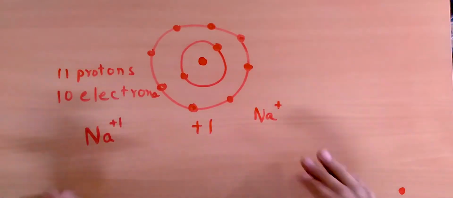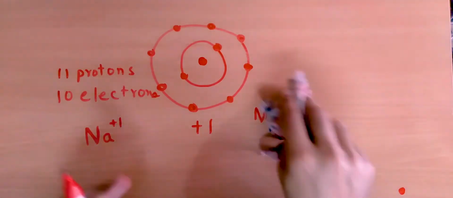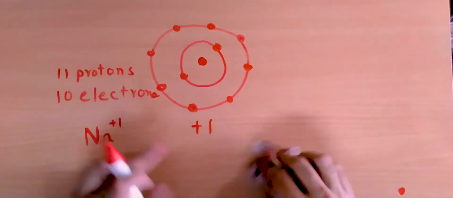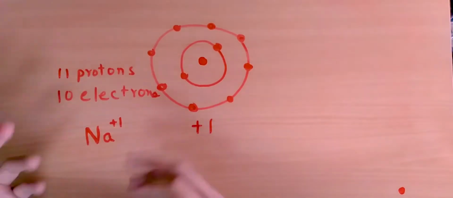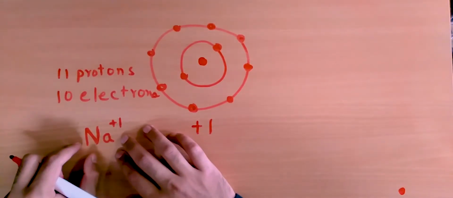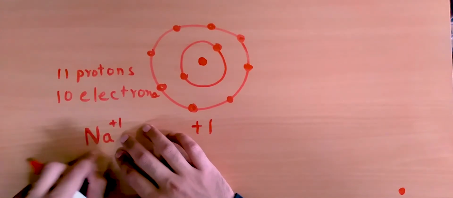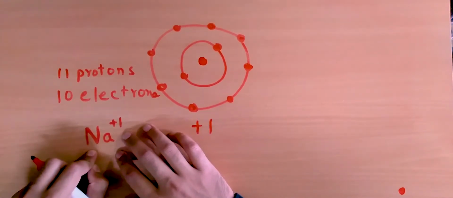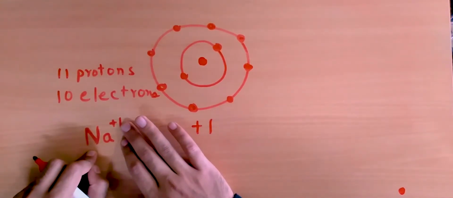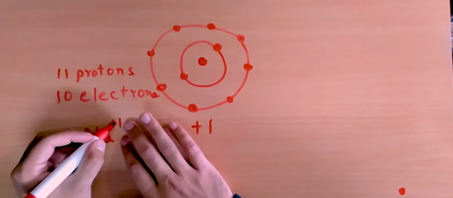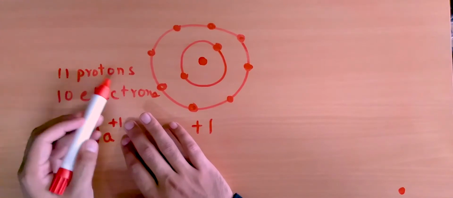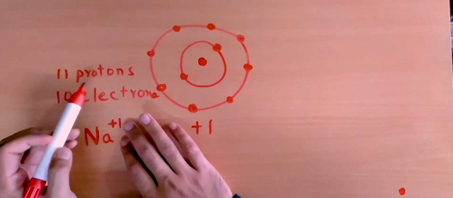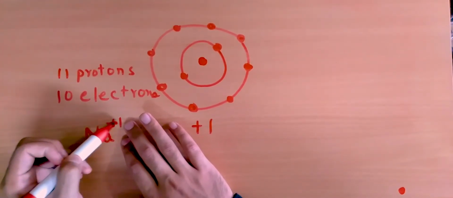We don't skip the 2. But for now we'll stick to this. We'll write Na+1, and if somebody just writes this somewhere, you can know that he simply means to indicate that there's a sodium atom Na, but it has lost an electron, and it now has 1 extra positive charge due to that extra proton, and that is why this has a plus 1 charge.